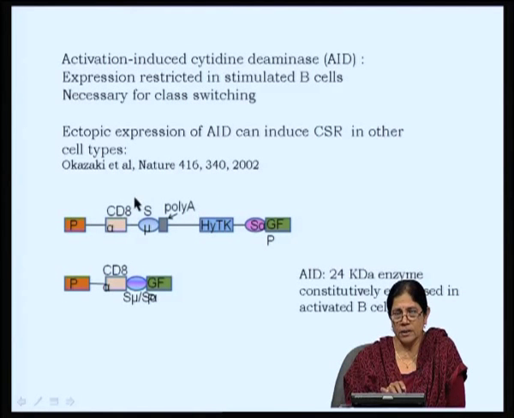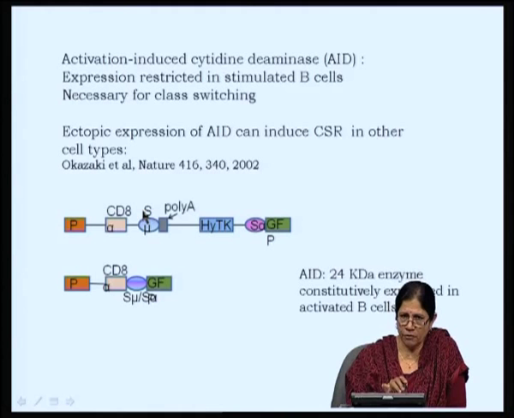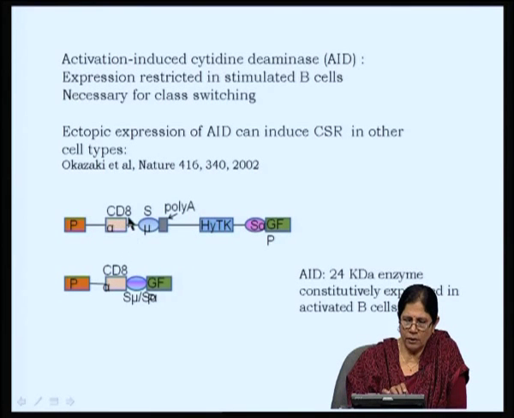Now, CD8 is a receptor, you all might remember from some of the lectures that you have heard so far. CD8 alpha beta, these two form a co-receptor for the T cell antigen receptor. This is membrane bound, therefore they have included this in the construct.